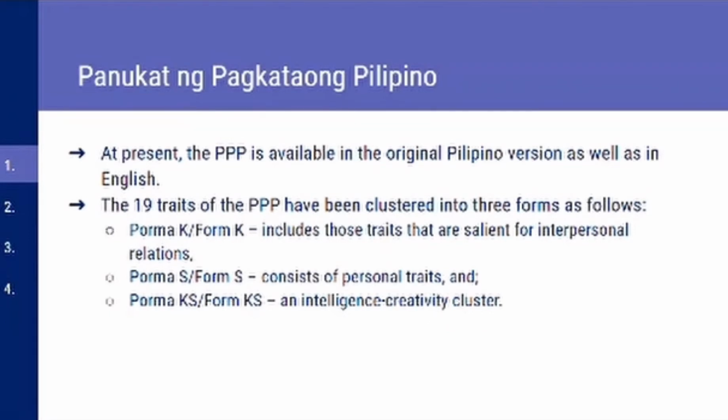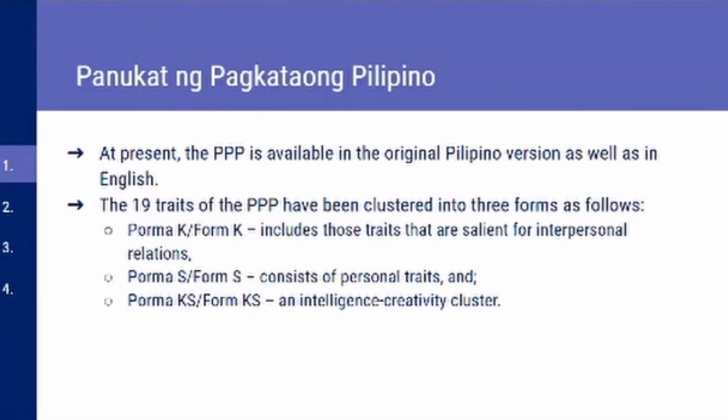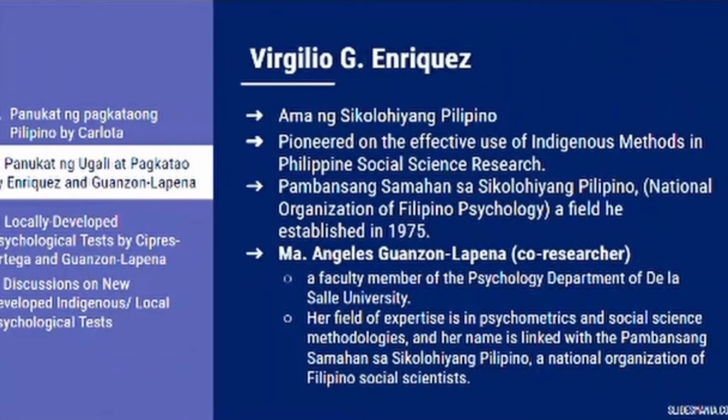So that's all about po the Panukat ng Pagkataong Pilipino. Yung next personality test naman po, which is the Panukat ng Pagkatao at Ugali, will be discussed by Ate. Ate, the floor is yours.